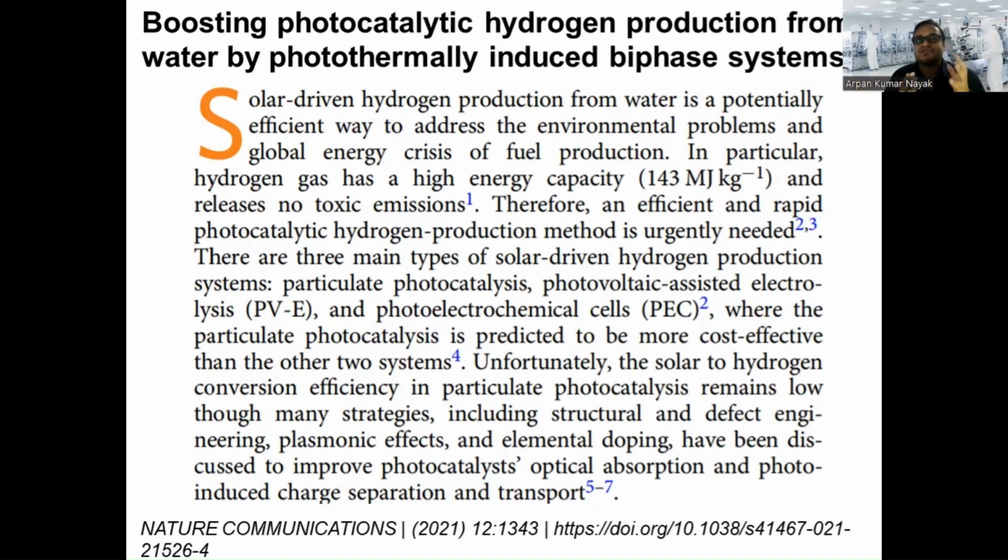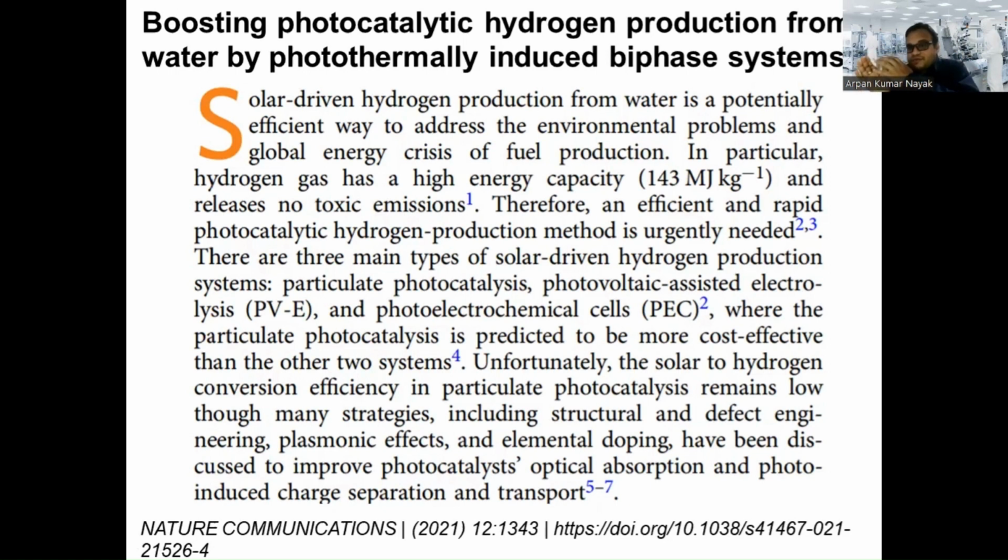Now you can see the subject is solar driven hydrogen. They mentioned hydrogen production from water. So this is the subject. You can see it is a potentially efficient way to address environmental problems and the global energy crisis. Why is it important?